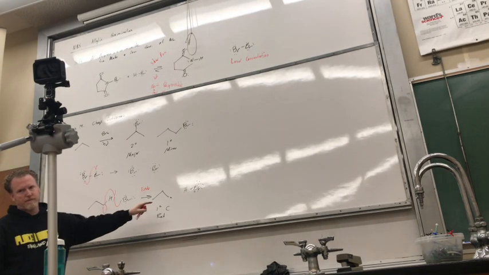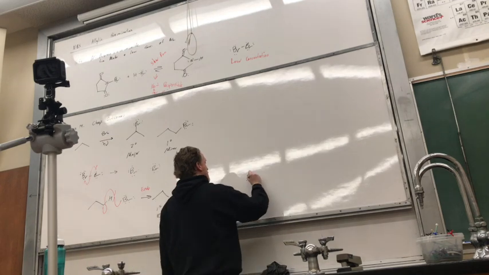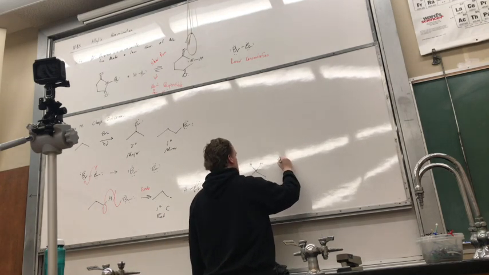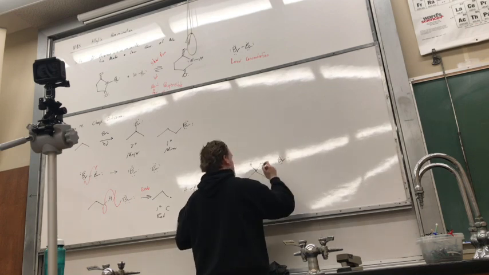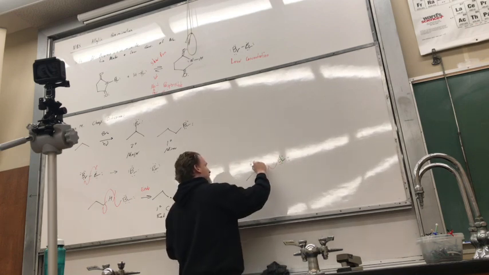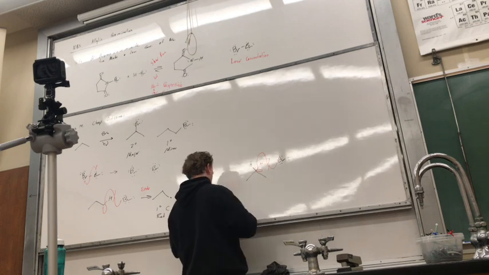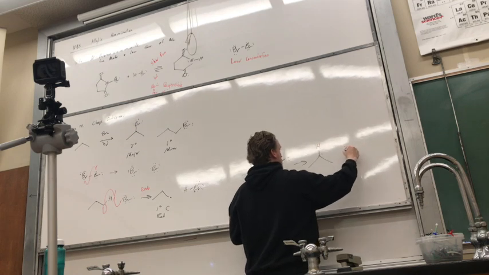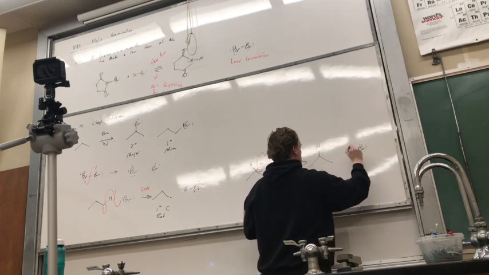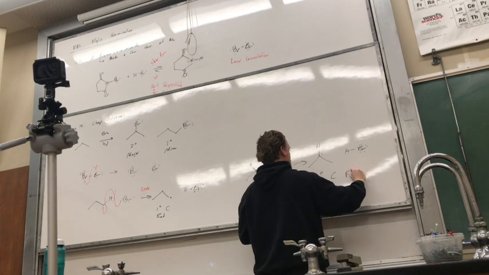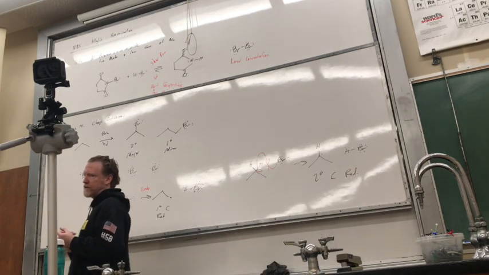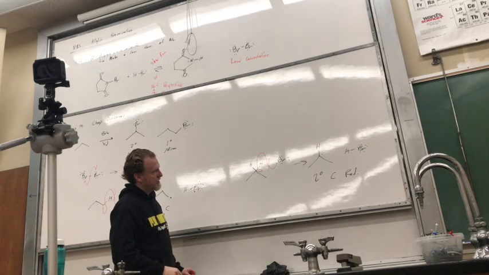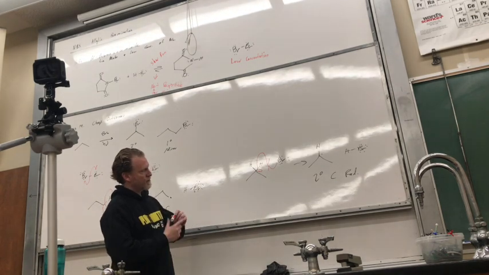And it's a propagation. We started with a radical, we ended with a radical. Another option is to take a hydrogen off the secondary carbon, and we get a secondary carbon radical, and this one is also endothermic.